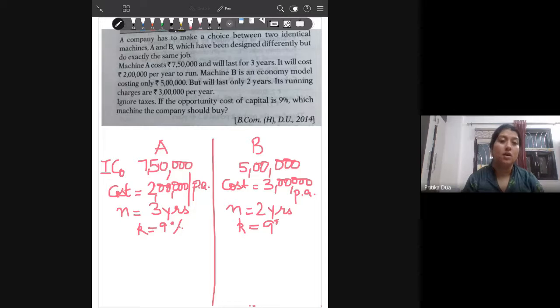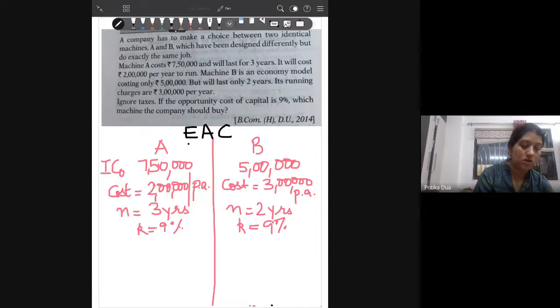In this scenario, we have both the initial cost and the cost of operation, so we are using EAC, the equivalent annualized cost method. We will calculate the equivalent annual cost of both projects, see which is the lower of the two, and accept that machine.